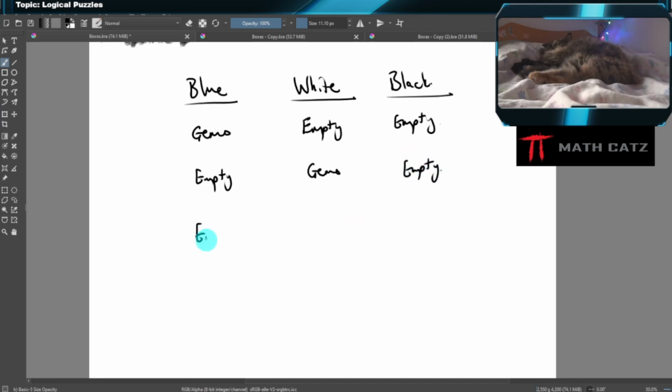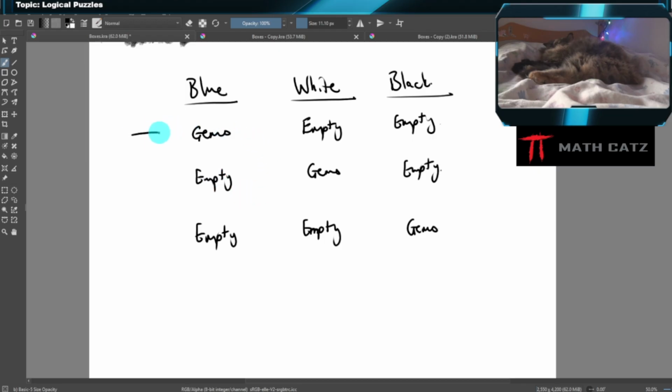Or we can have blue empty, white empty, and the black one has the gems. So what's nice here is that these are the only possibilities. There is nothing else given the structure and the limitations of the problem. This is it. So I know the answer is one of these three.